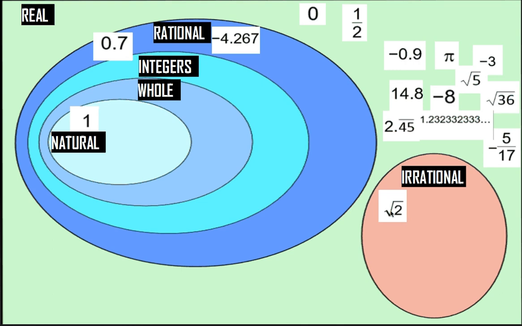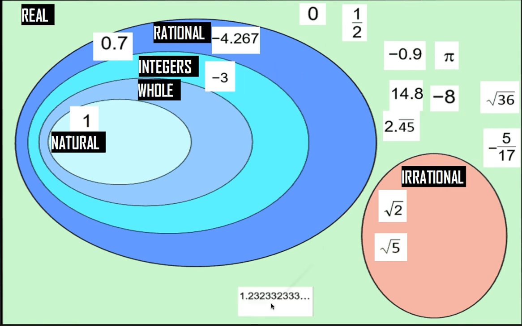It should be 1 point something, but the decimal form does not end and it does not repeat. Same idea for the square root of 5. 5 is a prime number, and so the square root of that is going to be an irrational number. However, for negative 3, it is a real number, it is rational, it is an integer.